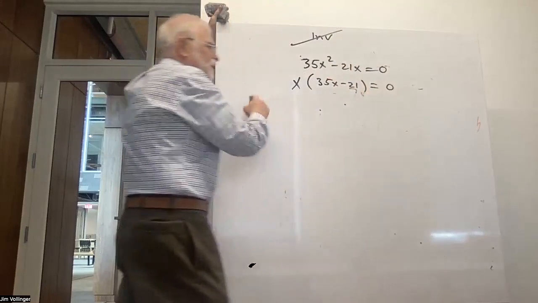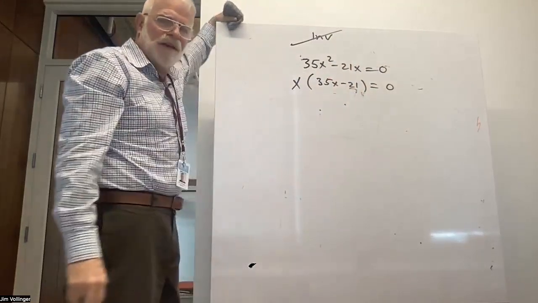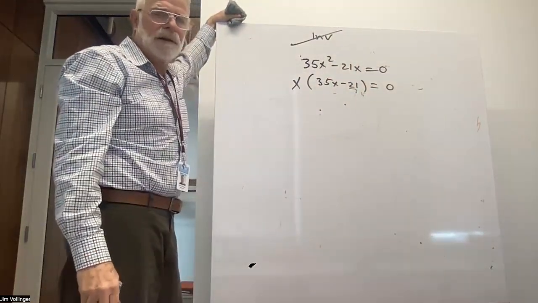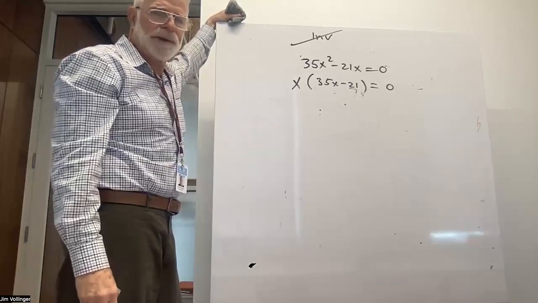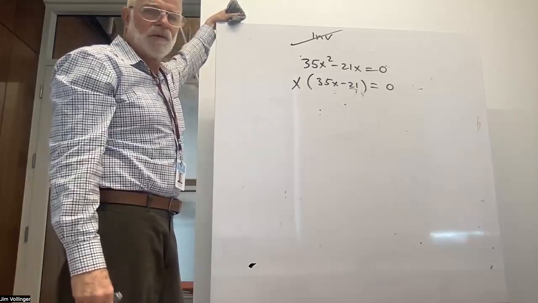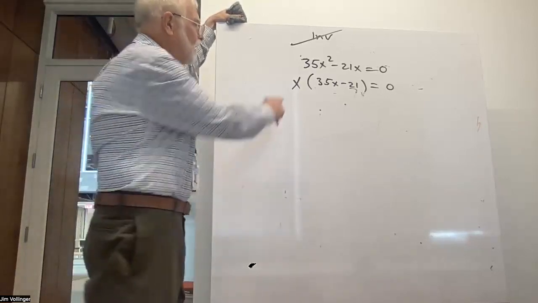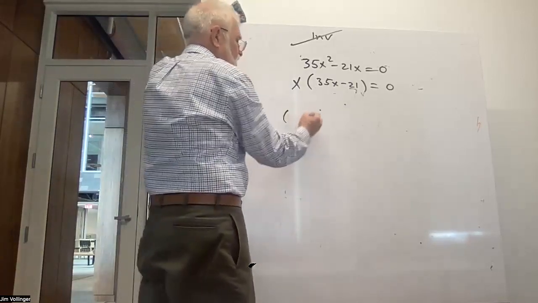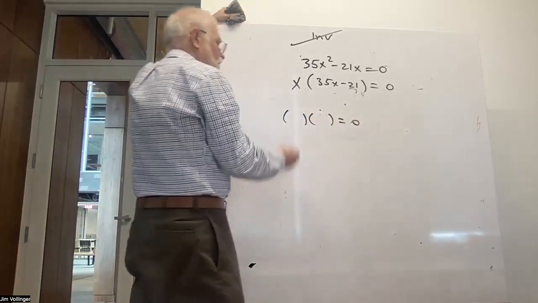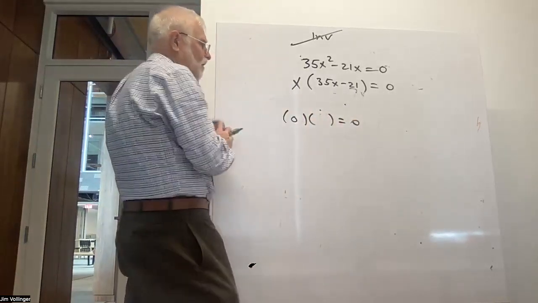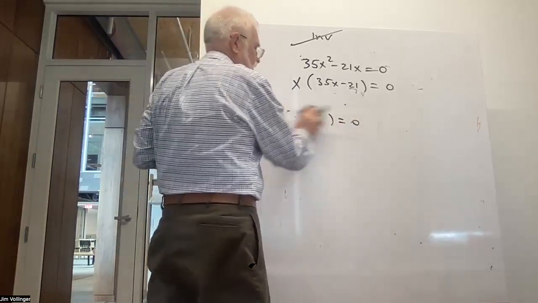And writing products equaling 0 is going to be a very important skill that you're gonna remember how to do coming out of this class, or I'm gonna really work hard to make that happen. Now I can see that if something times something equals 0, one of the parentheses has to be 0. So, or one of the factors.